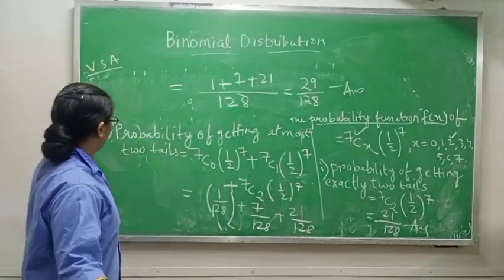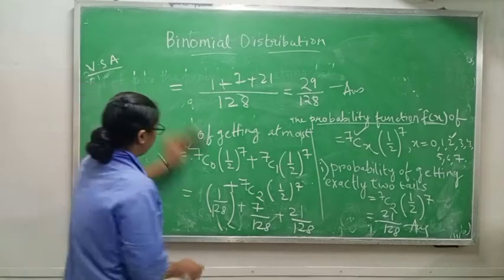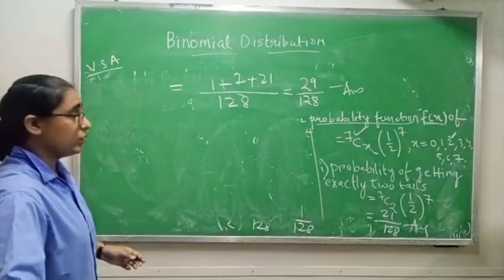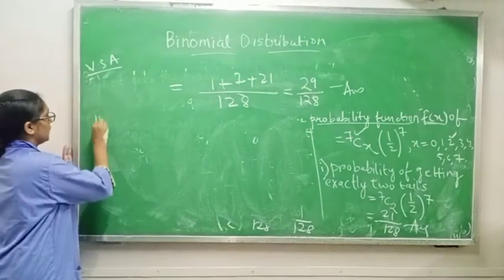Okay. So what will you write now? Probability of getting at least 2 tails.